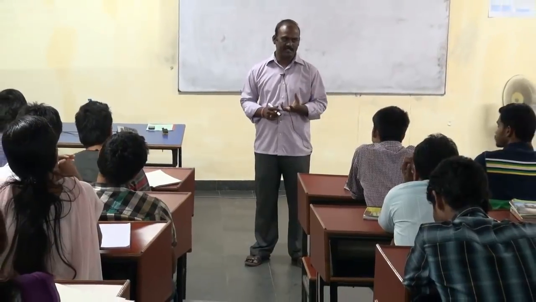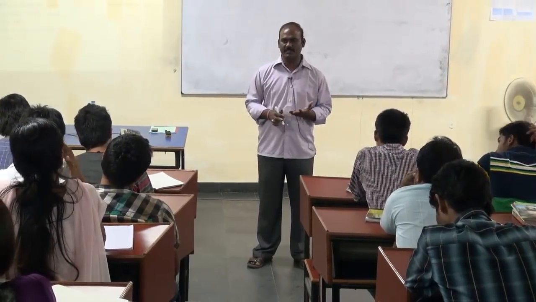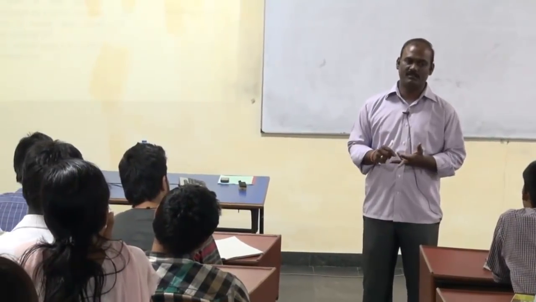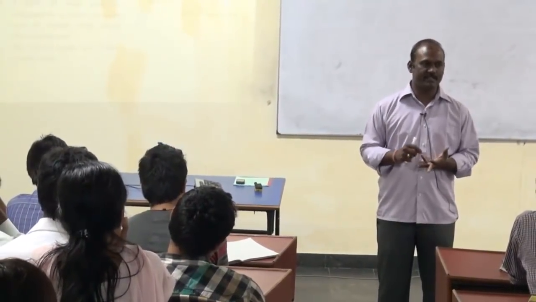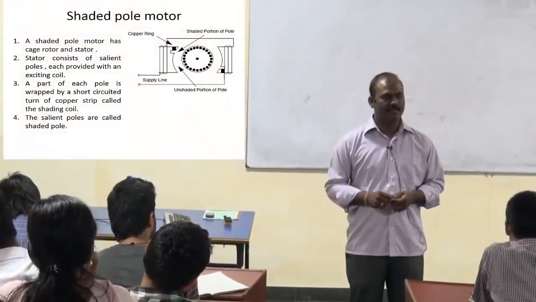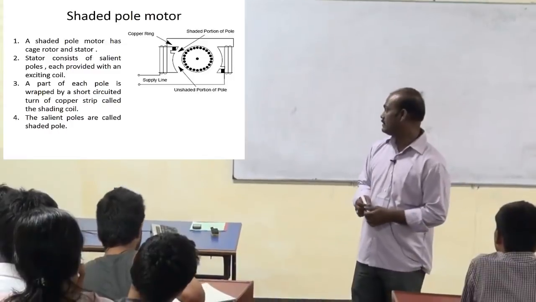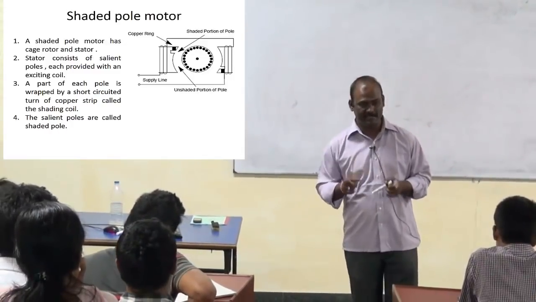Depending on the rotor construction, we can classify into two types, cylindrical and salient, right? The salient pole type construction is called a shaded pole induction motor, right? The two poles of the induction motor will be in the form of salient poles, right?